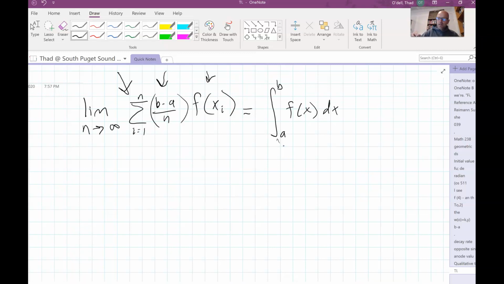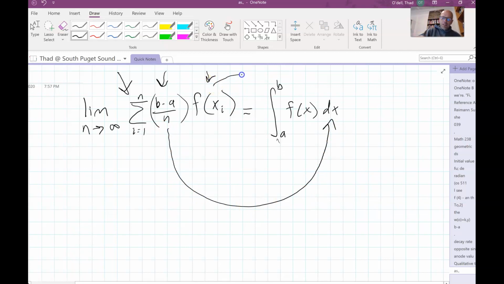This may not be abundantly apparent, but this part right here becomes that, because what we're talking about is a small change in x, and the function that we're using here is the function that we integrate over. So that's the connection. I'm going to show you an even deeper connection here, how it works.